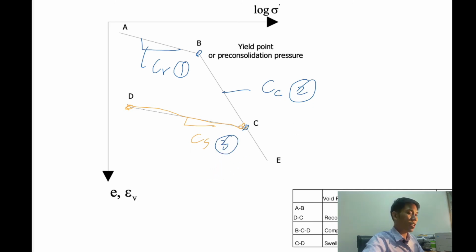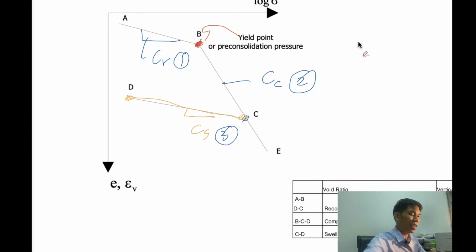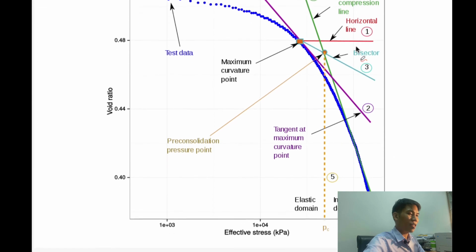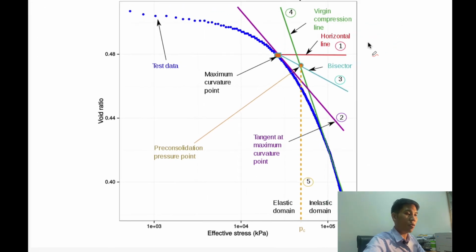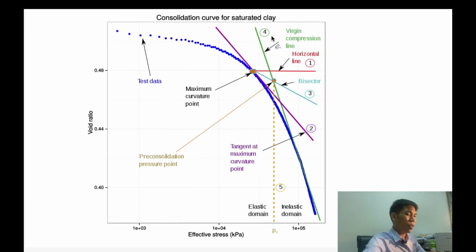It's not only this, you have to report the yield point of the curve. But for the actual test, the curve is not linear like this, it's non-linear. So how can you determine the yield point? You have to do something like this. It's the graphical method to determine the yield point. The first one, you have to specify the maximum point of curvature here.